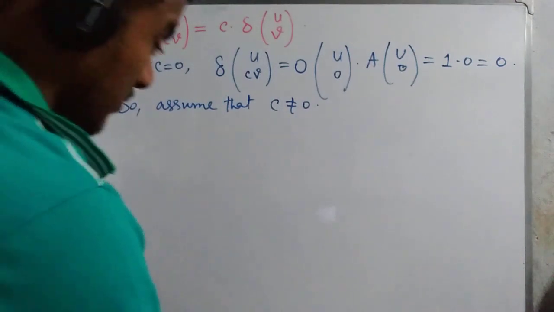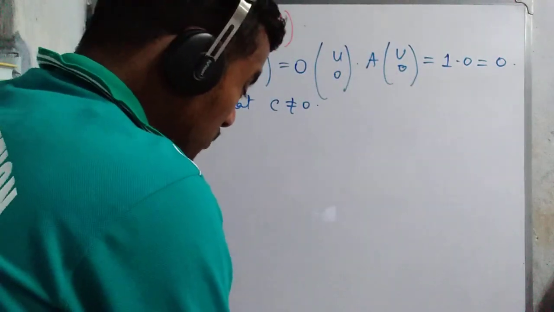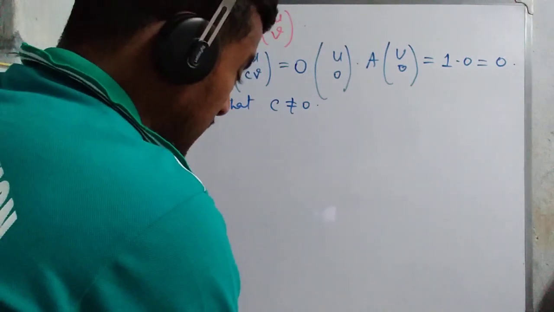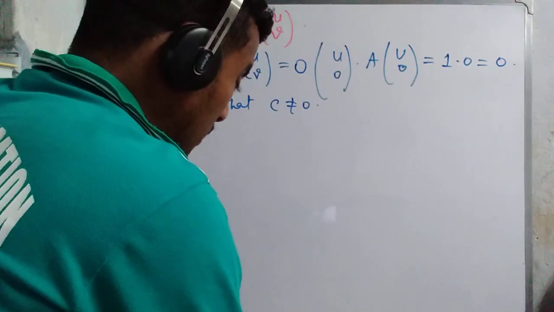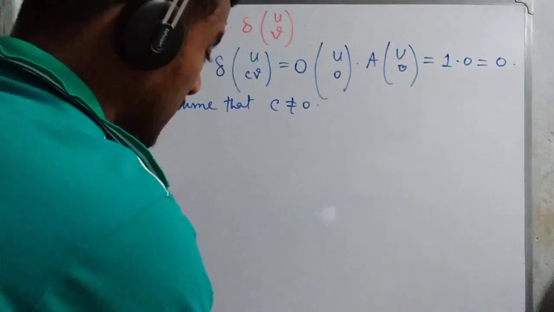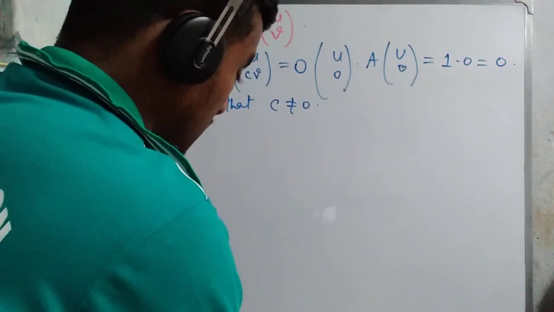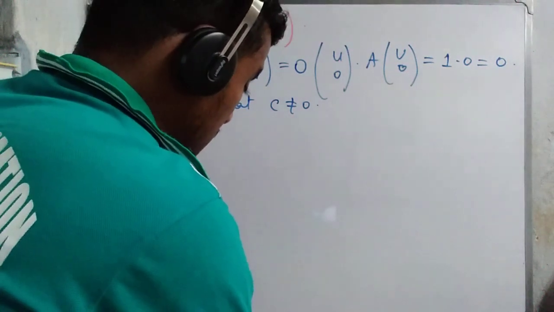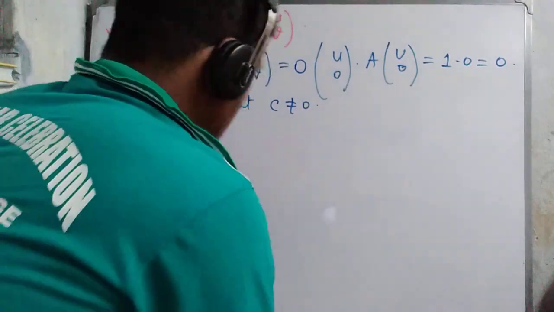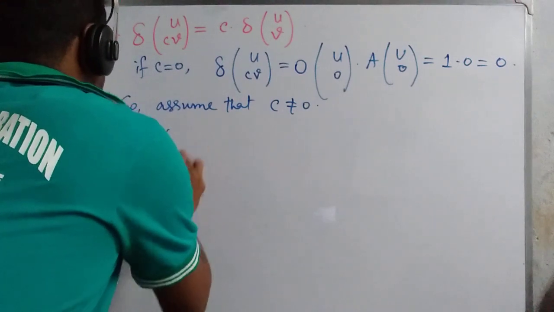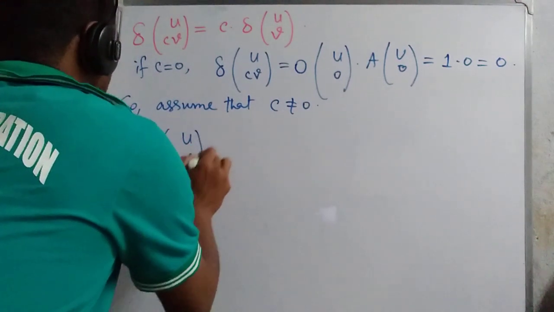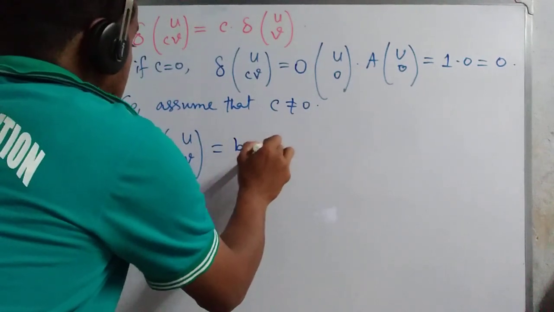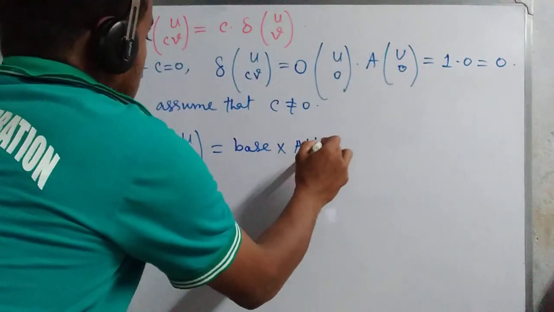Then we have to show this one. Regarding CV as the base of the parallelogram determined by U and CV, we discuss now. We see that the area of (U,CV) equal to what? Base multiplied by altitude.